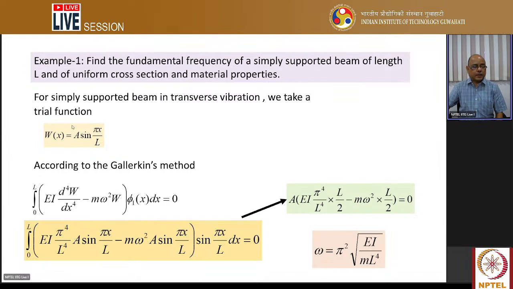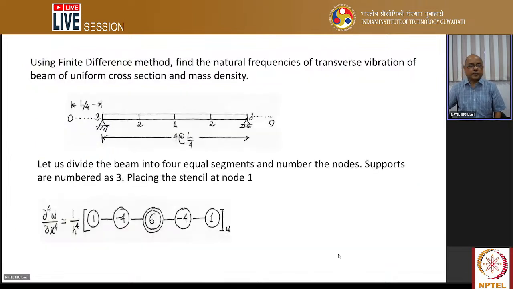Fortunately, this is the actual mode shape function. So according to the Galerkin method, if we substitute this and carry out the integral, we get omega equal to pi squared times the square root of EI by m L to the power 4. That means if we use the exact mode shape, then we get the exact frequencies.